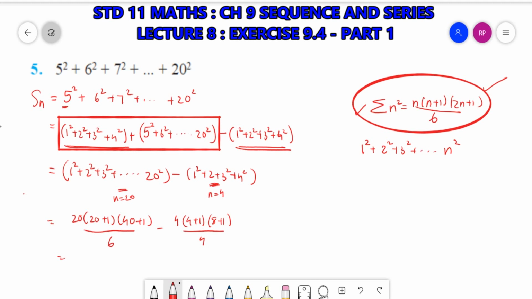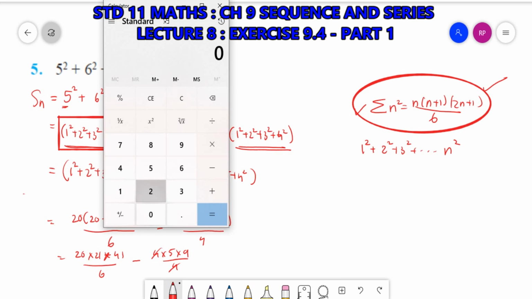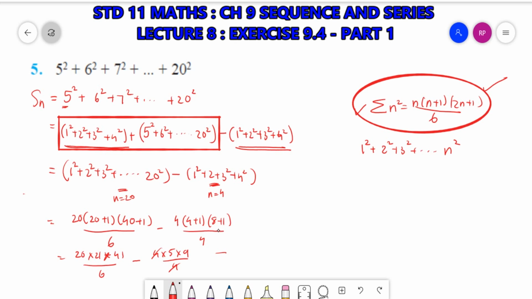So this will be 20 into 21 into 41 divided by 6, minus 4 into 5 into 9 by 4. Okay, so let's calculate. 20 into 21 into 41 divided by 6, that is 2870.